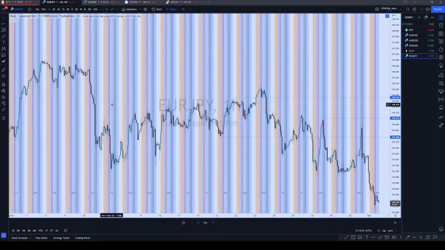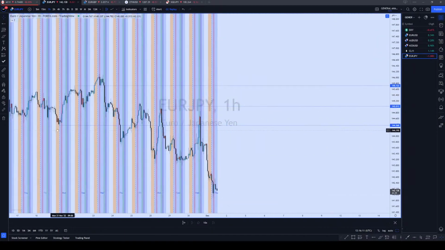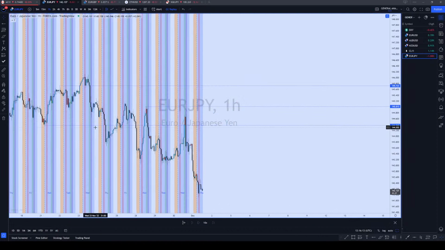If you go through price, you're gonna see so many examples of what I'm showing you here, and eventually it will start making sense that you don't have to trade Monday. Wait till Tuesday and then see what price action you get on Tuesday, and based on what you get on Tuesday, that can give you a huge insight, and then you can trade for the rest of the week.